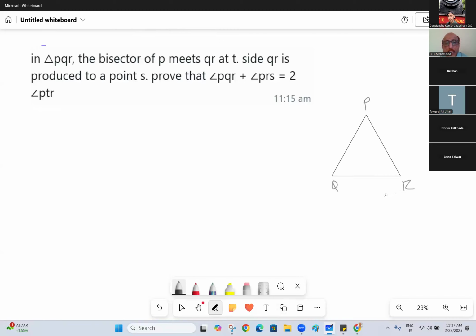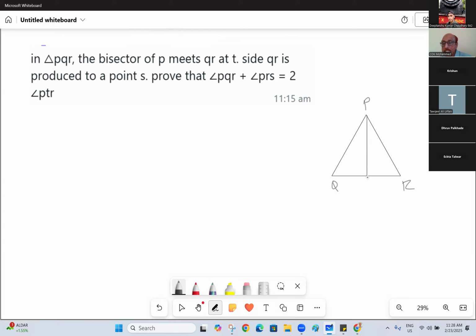The bisector of P meets QR at T. This is the bisector. Bisector means these two angles are equal. I will mark it as 1 and 1. Okay, at T, side QR is produced to S. So I will produce it to S.